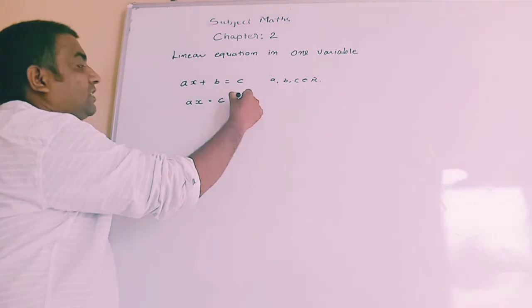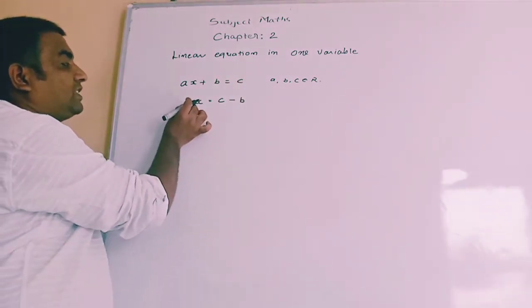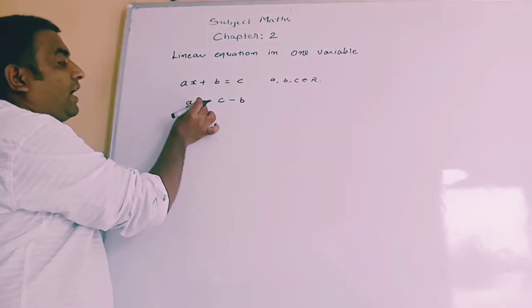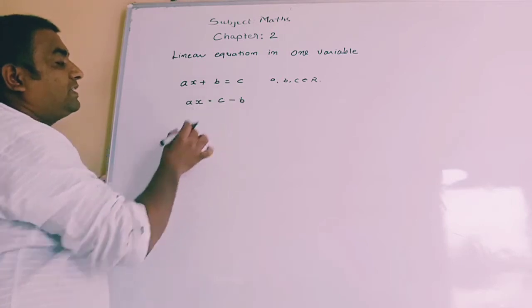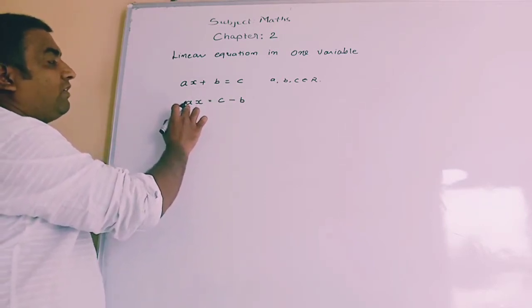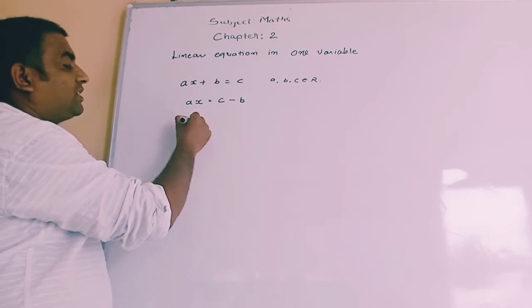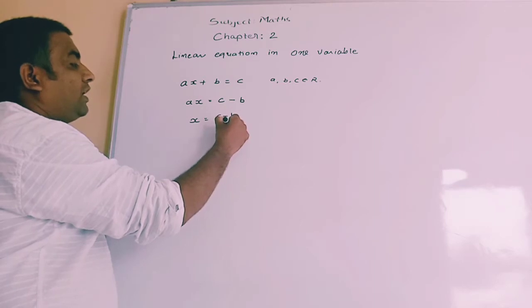So ax equals to c minus b, and now we want to separate x, so a will be taken from left hand side to right hand side. Here a is in multiplication relation, when it goes it will convert into division. So x equals to c minus b upon a.